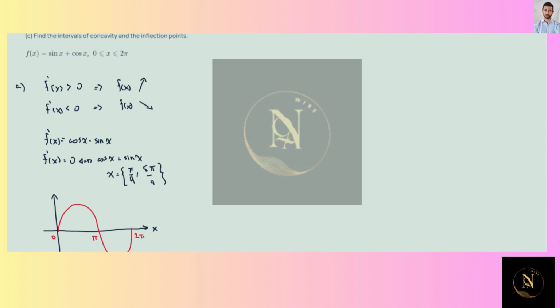Yet the cosine starts at +1, has a minimum at pi, and a maximum at 2 pi.